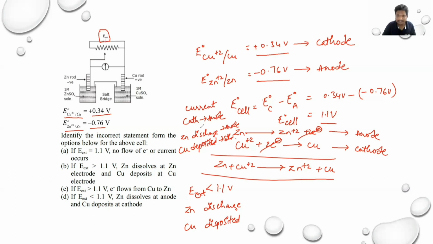Now let us assume another case. E external is greater than 1.1. So current will flow from battery to the cell, and a non-spontaneous reaction will take place. Here it was spontaneous; here it is a non-spontaneous reaction.